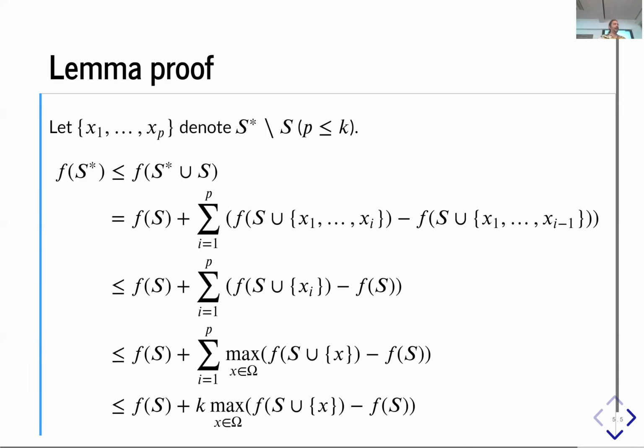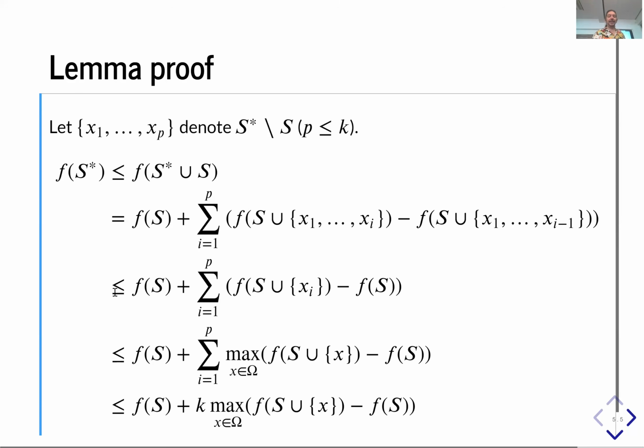Then, ta-da, the submodularity hypothesis. The smaller the set, the bigger the marginal gain. So S is included in S union something, and by submodularity, these values are greater than these values.